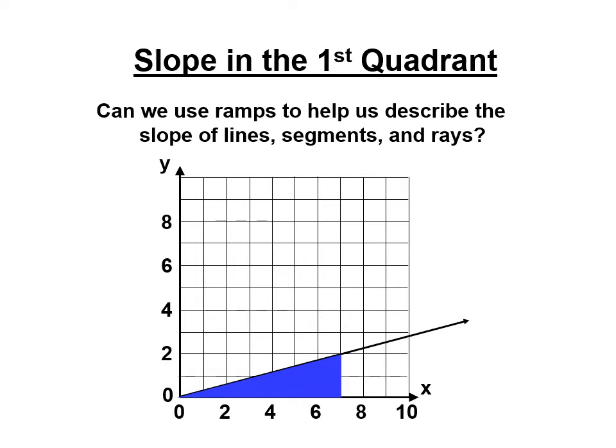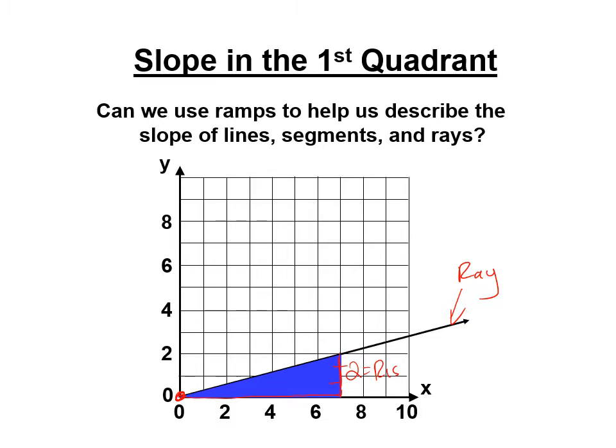Well, look here. We're going to try to find the slope of this ray, that thing with one arrow on the end is a ray. And this ray starts at 0, 0. They don't all start at 0, 0. And it goes along, and you can see that I have drawn a ramp underneath it. What we're going to do is count the boxes there and realize that this is rising up 2.